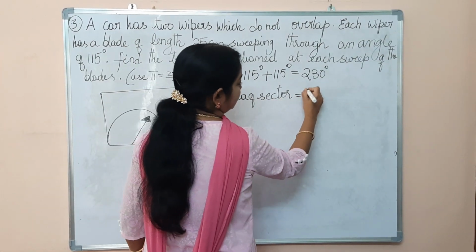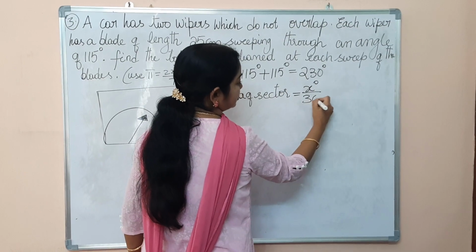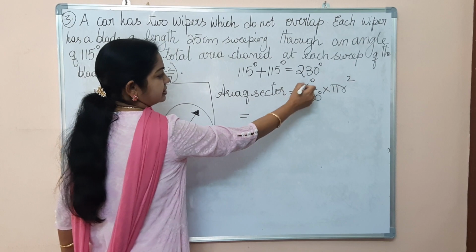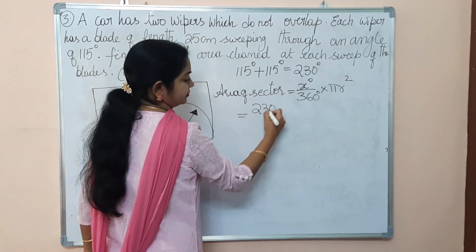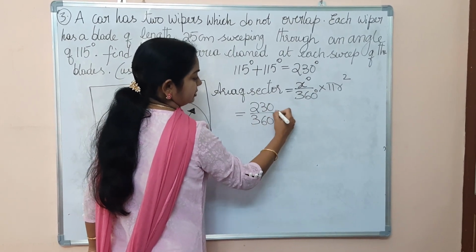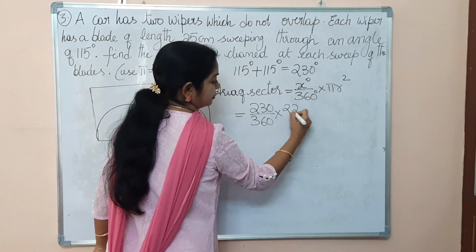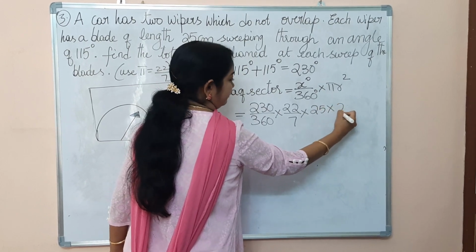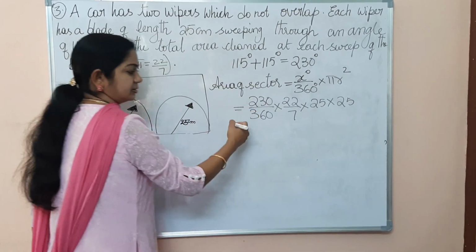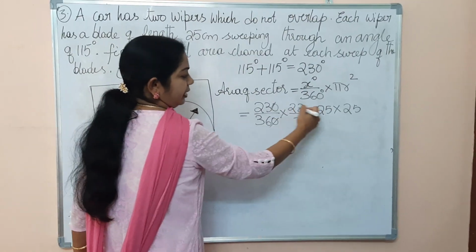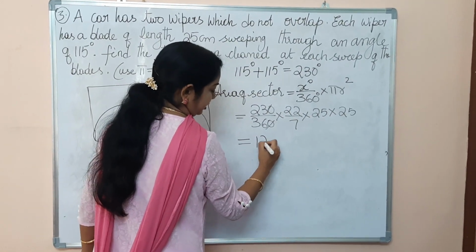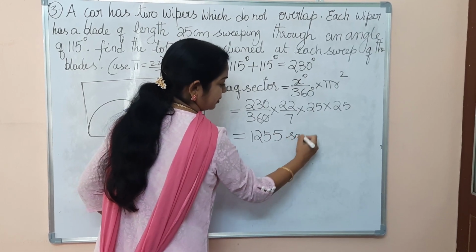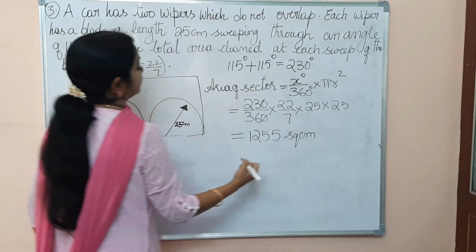So, area of the sector is x degrees by 360 into pi r square. So, here x degrees is 230 degrees by 360 into pi value given. Substitute as 22/7. R value is 25 into 25. You cancel it and you simplify. It comes up to 1255 square centimeters.